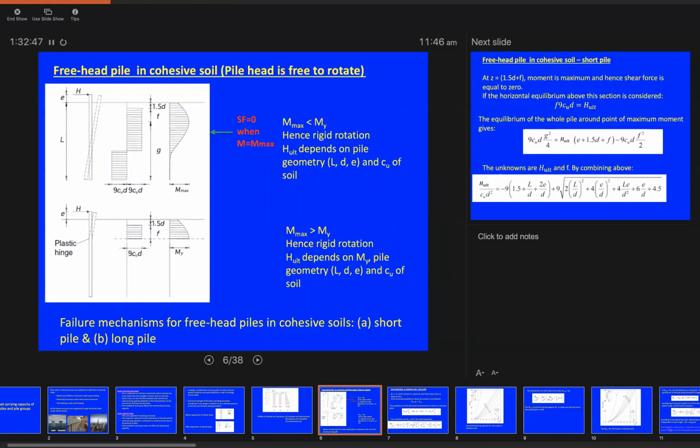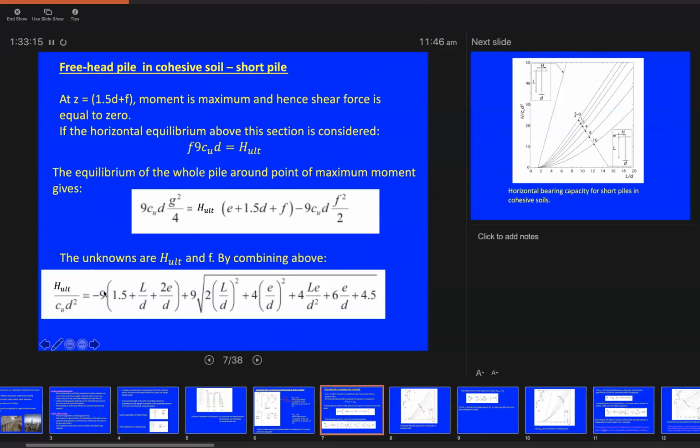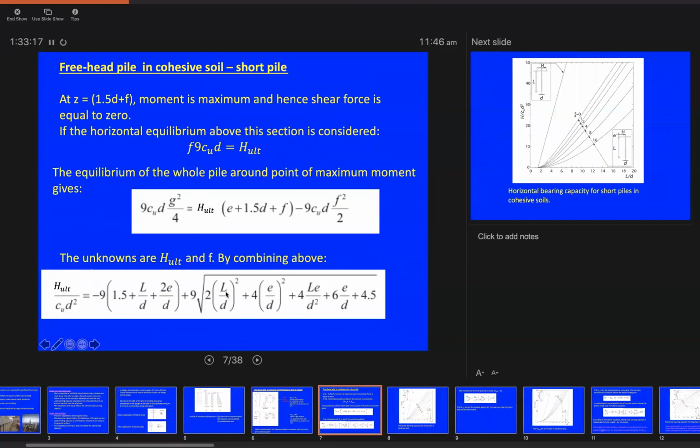So you can form 2 equations, one coming from the sum of the horizontal forces and one from the sum of moments, and you can obviously form another equation from the length of the pile, which in the case of the short pile failure scenario is always equivalent to 1.5d plus f plus g. Or you can use the derived equations in the lecture notes to solve for H ultimate and to solve for M maximum.